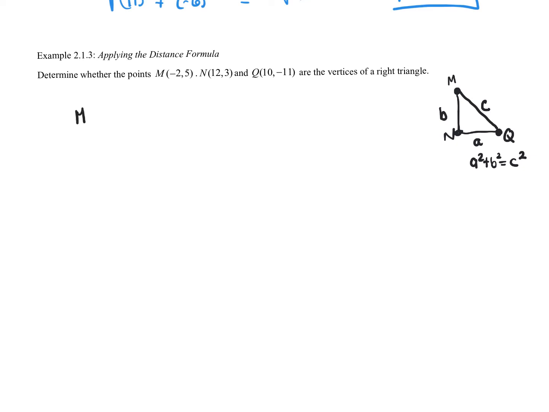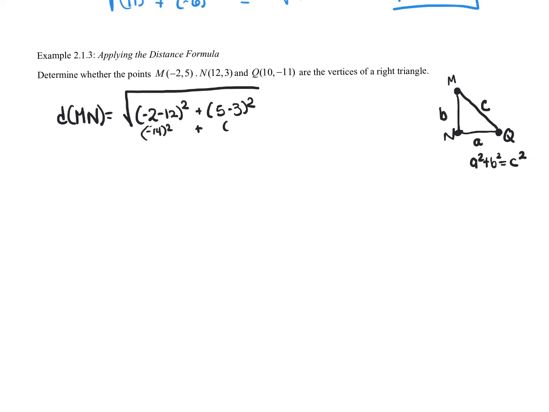So the first thing I'm going to do is the distance of MN, which is going to equal big square root, negative 2 minus 12 squared plus 5 minus 3 squared. This is going to be negative 14 squared plus 2 squared. This is going to get me square root of 200, which does simplify, but I'm going to leave it for now.